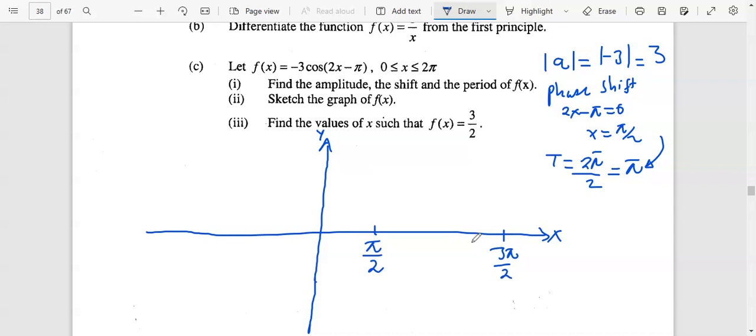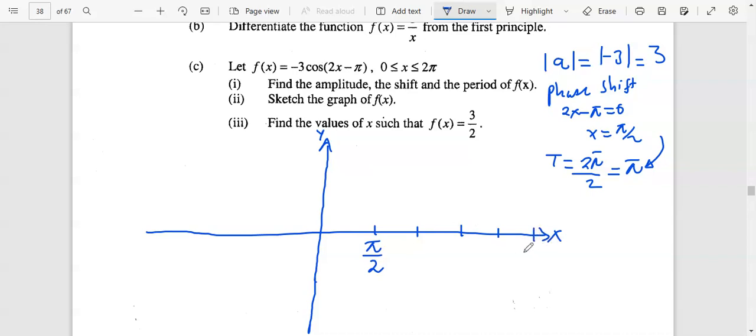Now we need to divide this region into 4 equal parts. Before I even put this, I'm just going to put the 4 equal parts in advance. So from pi over 2, we are going to have this region, also this, also this, 1, 2, and then the last one.